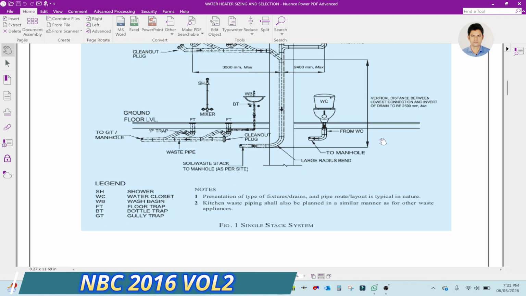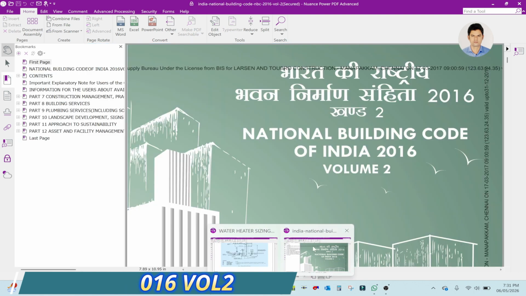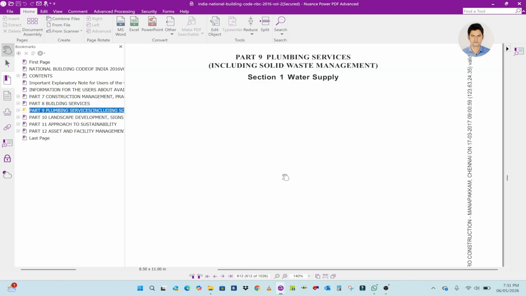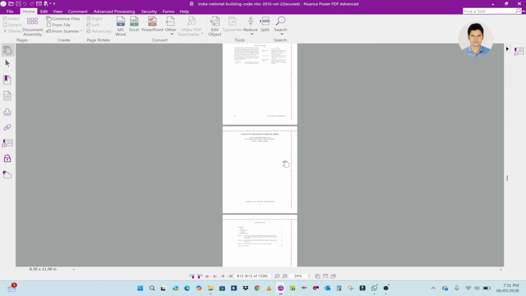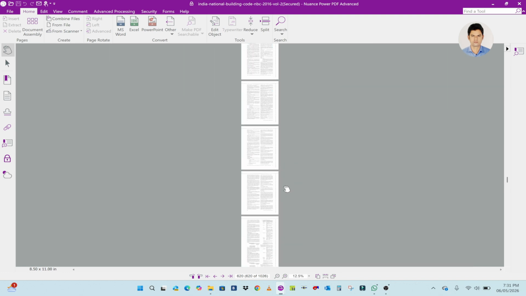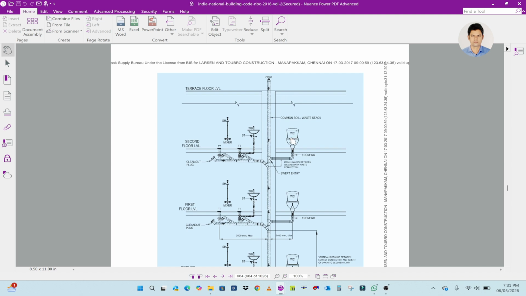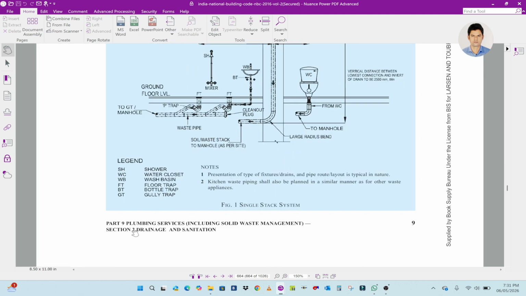If you want to learn more about this system, let me open this National Building Code, and here you can go to the plumbing services, and in this, let me go to the drainage system. I will show you different types here. Here you can see this is the single stack system, taken from National Building Codes of India.